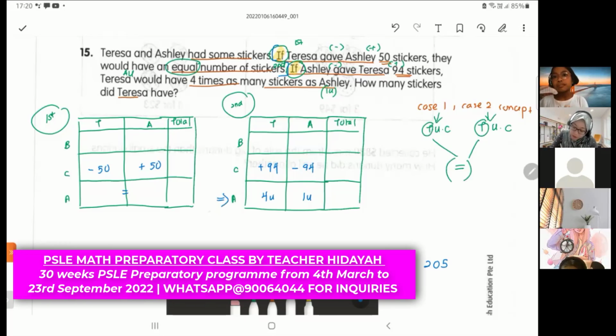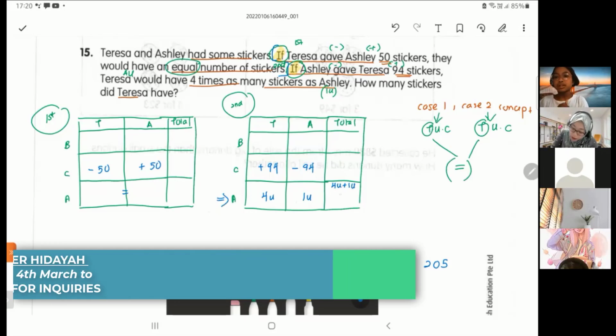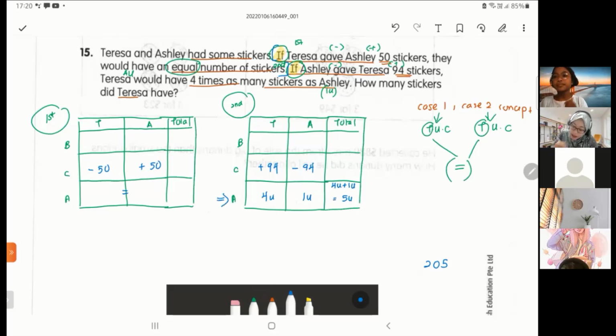Here, look at the after for this. Can I get the total from here? Yeah, 4 unit plus 1 unit equals 5 unit. Total must be the same, right? So if the after is 5 unit, the before is also 5 unit.